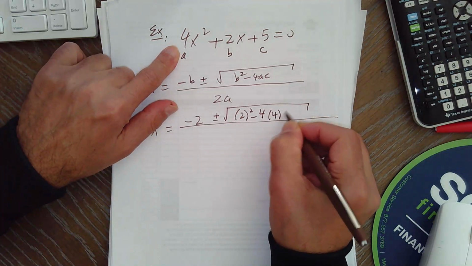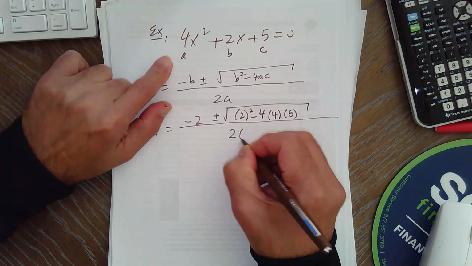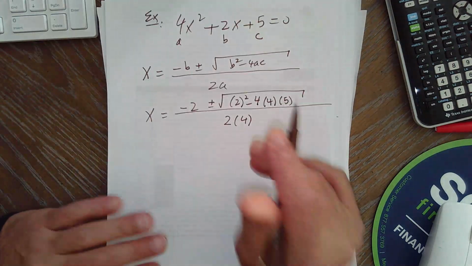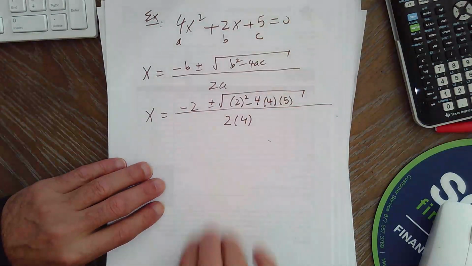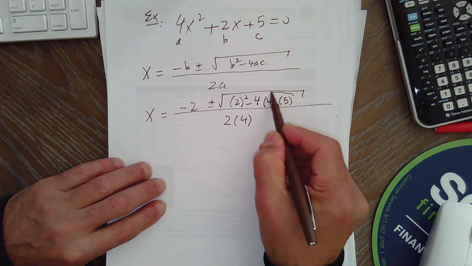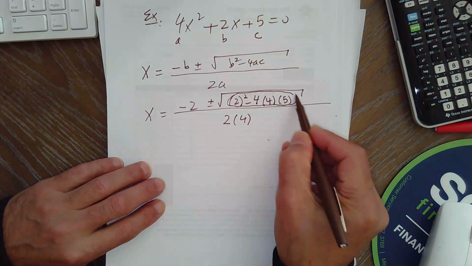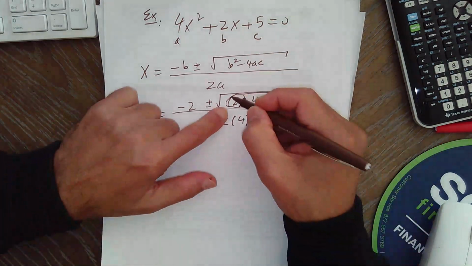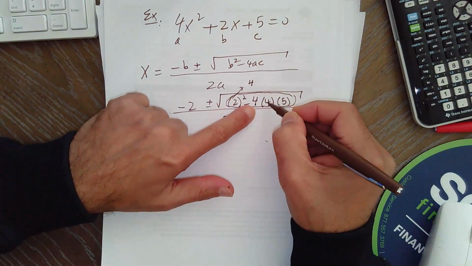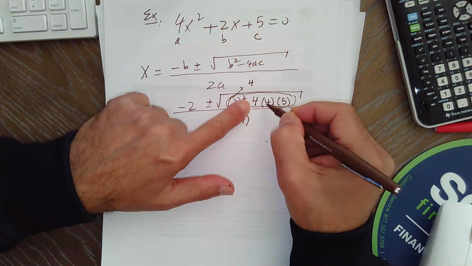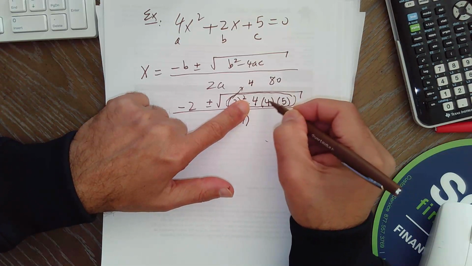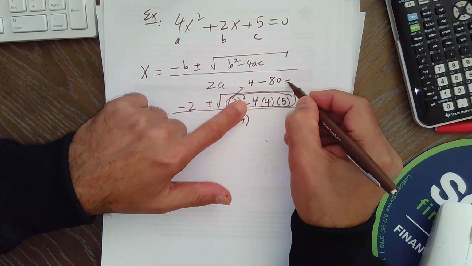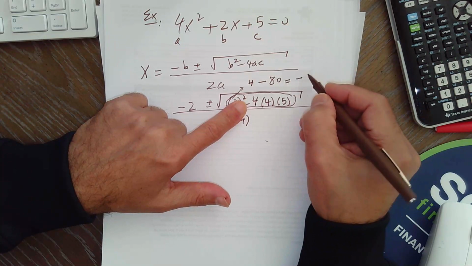A is 4 and c is 5 over 2 times 4. So instead of rewriting the whole thing over and over again, I'm going to work on the discriminant on the side. The discriminant, always do the exponent, then multiplication, then subtraction. Exponent gives me a 4. 4 times 4 times 5 is 80. And then minus, so 4 minus 80 is negative 76.